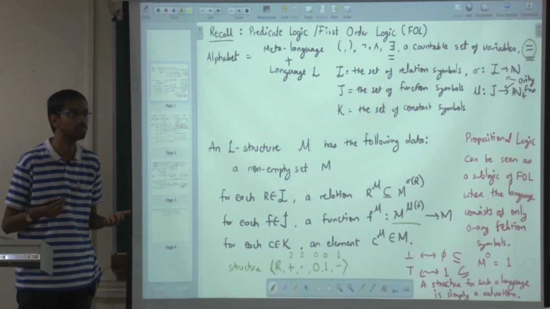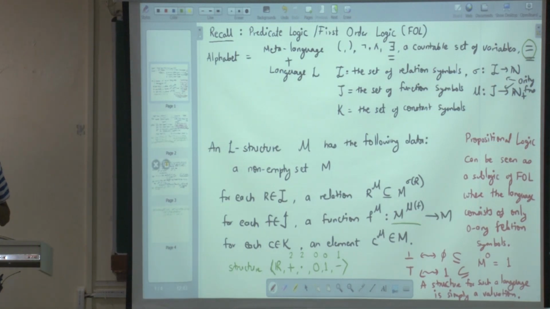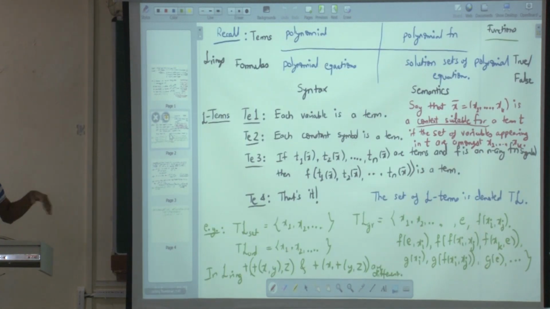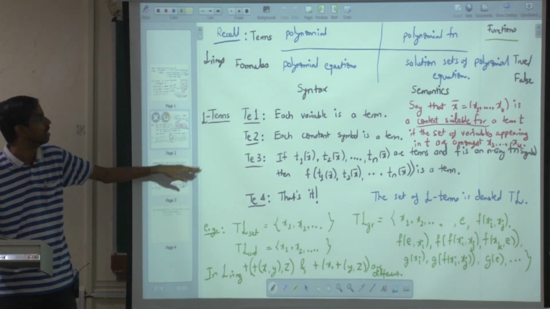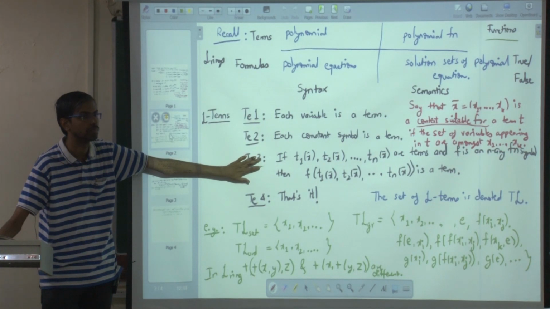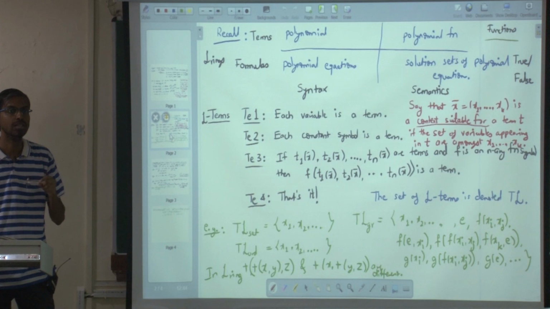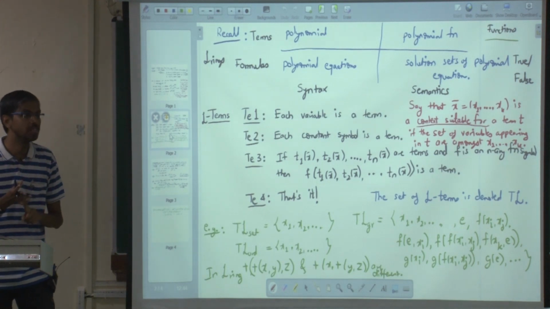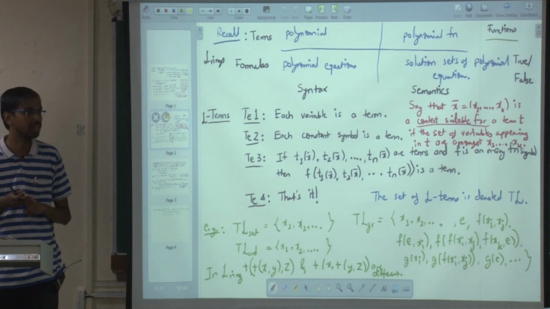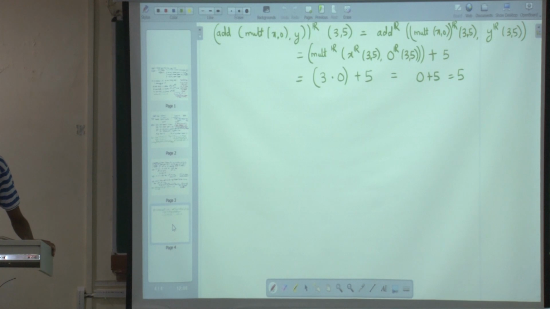It is a relation symbol. If you remember, TE1, TE2, TE3 were all about variables, constant symbols and function symbols. Formulas are all about relation symbols and equality, and then constructing more complicated formulas from that. Okay, so L formulas.